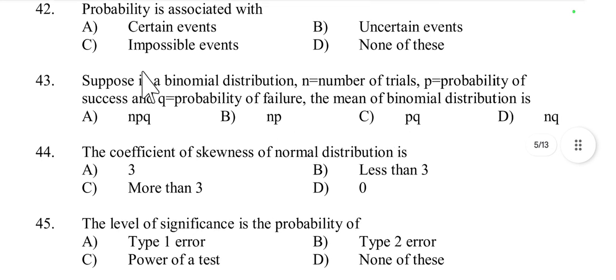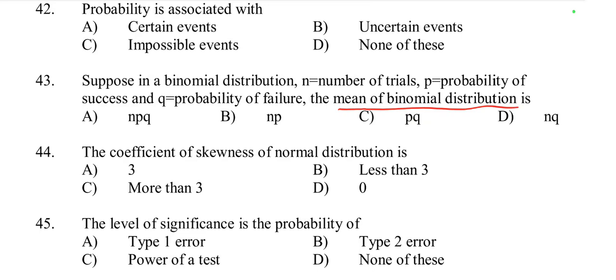Then question number 43. Suppose in a binomial distribution n is the number of trials, P is the probability of success, and Q is the probability of failure, then the mean of the binomial distribution is NPQ, NP, PQ, or NQ. The question asked is the mean of the binomial distribution.